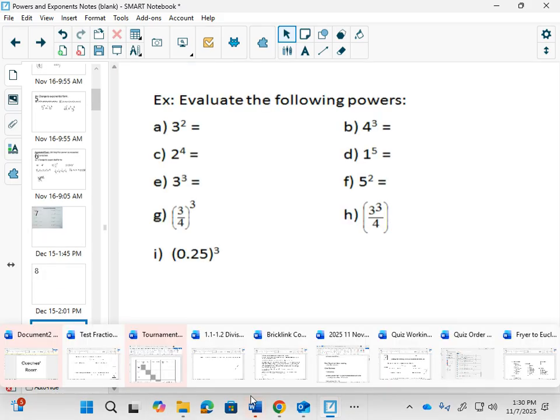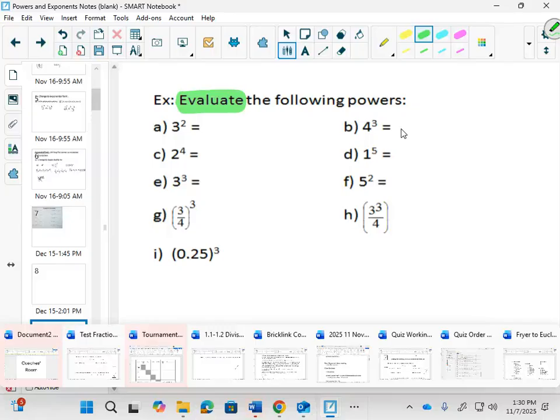Okay. Evaluate. So what I want us to pay attention to: one of the biggest problems people have in math has nothing to do with math. Instead, it has to do with the inability to know what a word means.